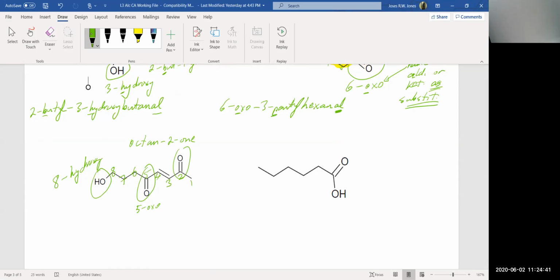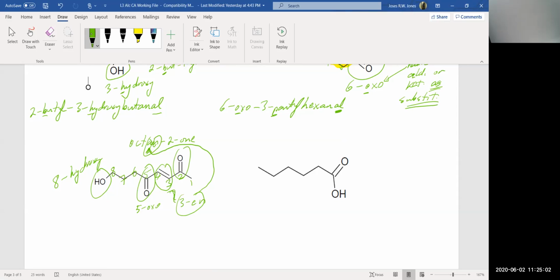And then we have, after carbon number 3, a 3-ene. That actually has to go inside the parent chain. It replaces the AN.